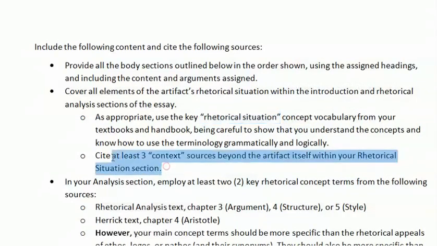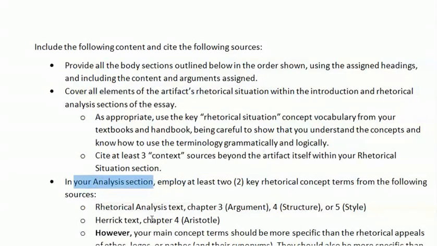You could, if you want, do some research around your artifact and find some things out about its recent situation, the timing, the creators of the artifact, author or speaker, their bio, whatever's relevant. You could find out some information, but realize that that's not your whole point. That's a very short movement within your whole analysis. You should be focusing a lot of your time on the analysis section itself.